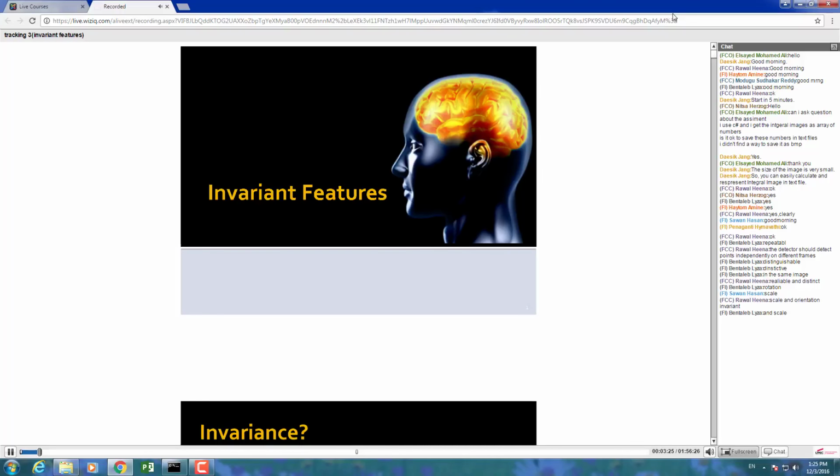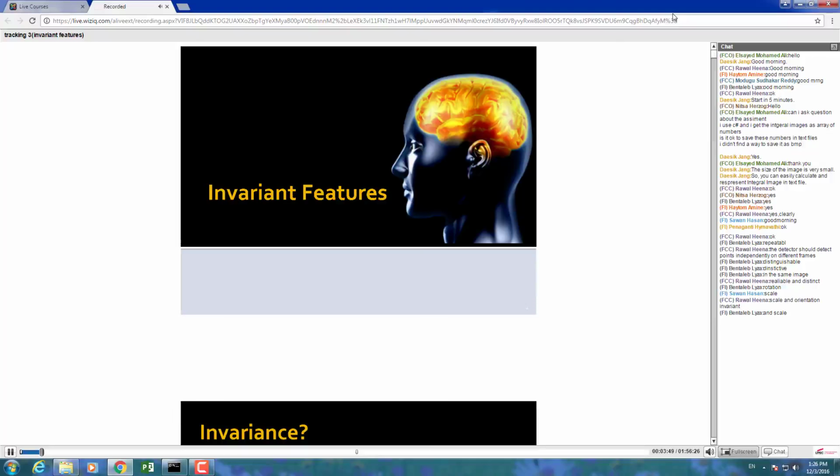First of all, we are expecting orientation invariance. The feature detection and descriptor should be orientation invariant. It means when the image is rotated, we still need to detect the same feature points, and we still need to calculate the same descriptor.